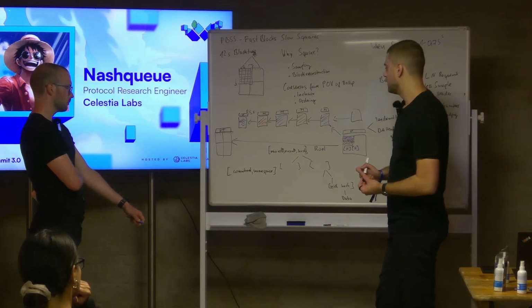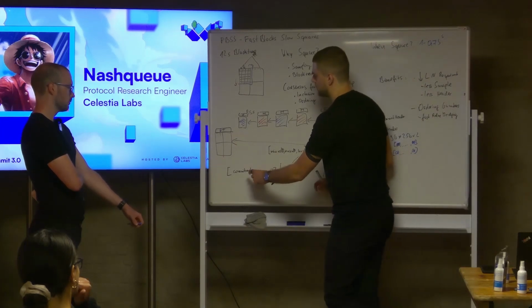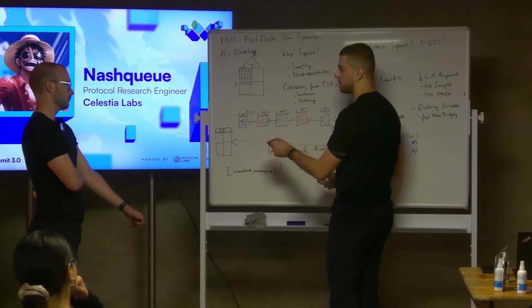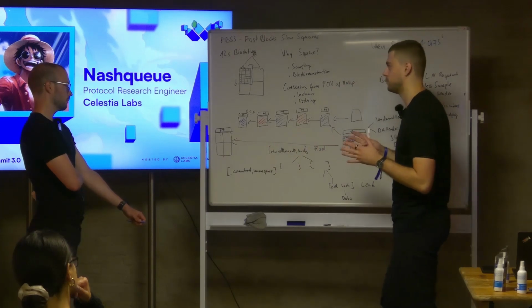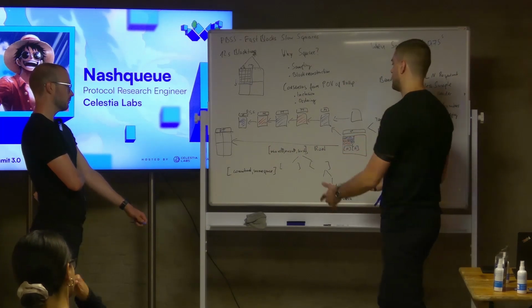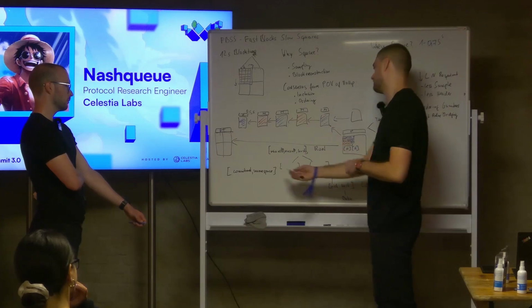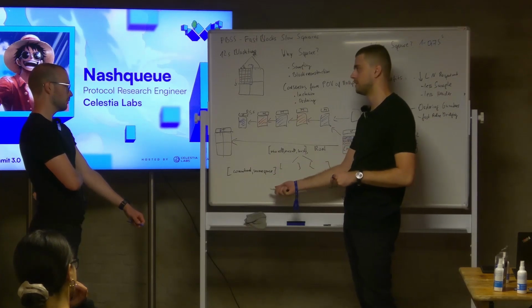So having that list before the block basically gives you the same guarantees as the NMT, if this list is sorted by the namespace.